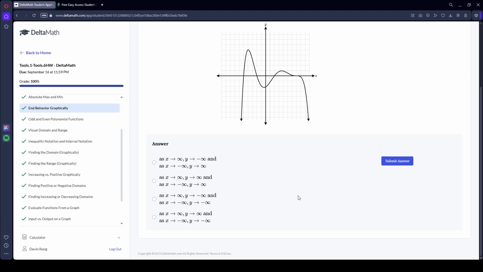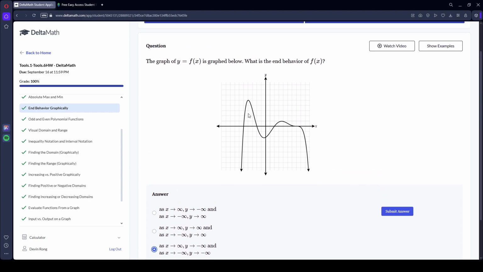Once again, as x approaches infinity or negative infinity, y approaches negative infinity, because you can see in the graph, for both inputs, y approaches negative infinity, going down.